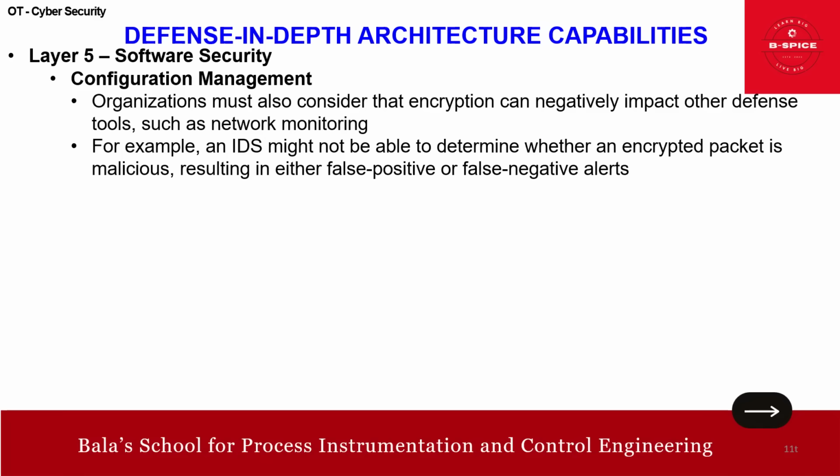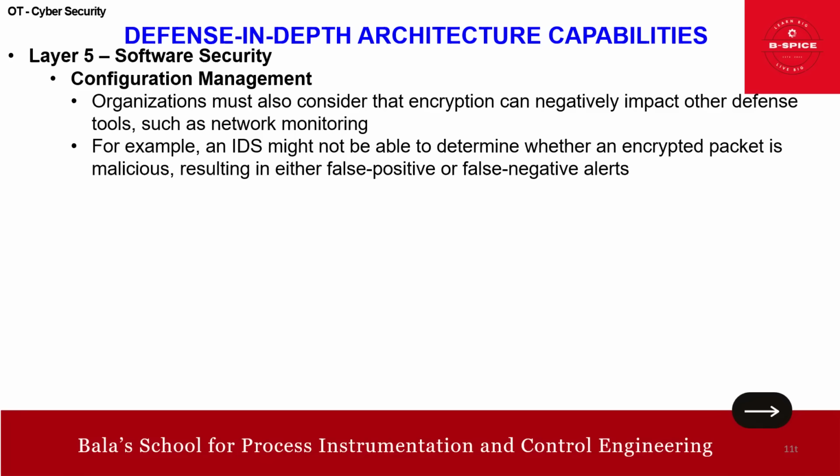See what we have to do in that case, for example, is use an intrusion protection system with SSL and TLS inspection. SSL means secure socket layer, TLS means transport layer security.